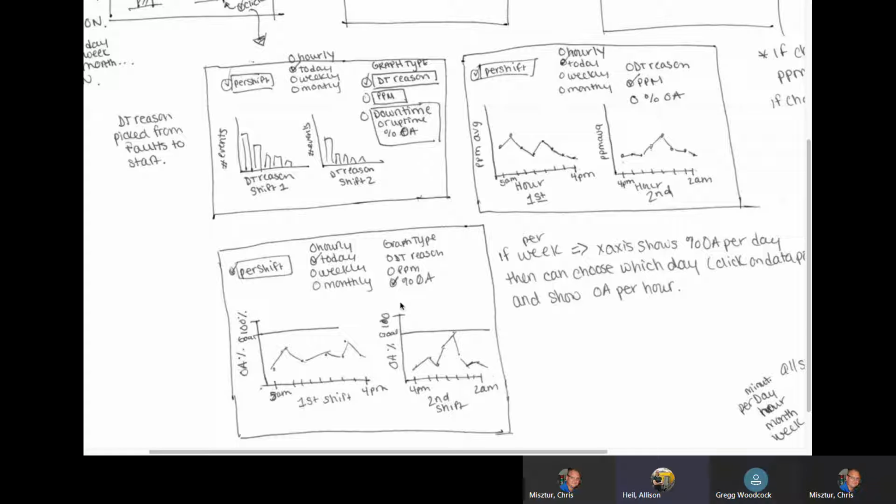Okay, so the one below it, I think this one's going to be the most valuable. It's similar to the PPM one. It's your percent OA, so it correlates directly back to the bar graph with the goal.